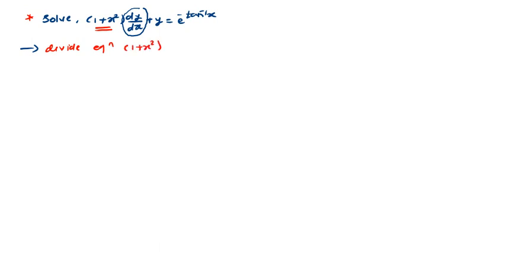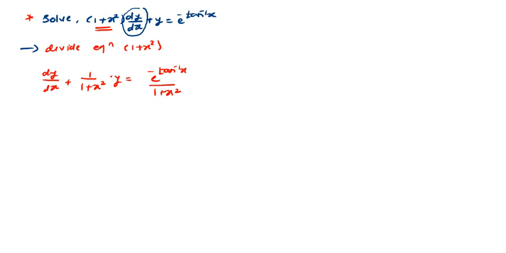So what will we get? This will be dy by dx plus 1 upon 1 plus x square into y equal to e to the power minus tan inverse of x upon 1 plus x square.